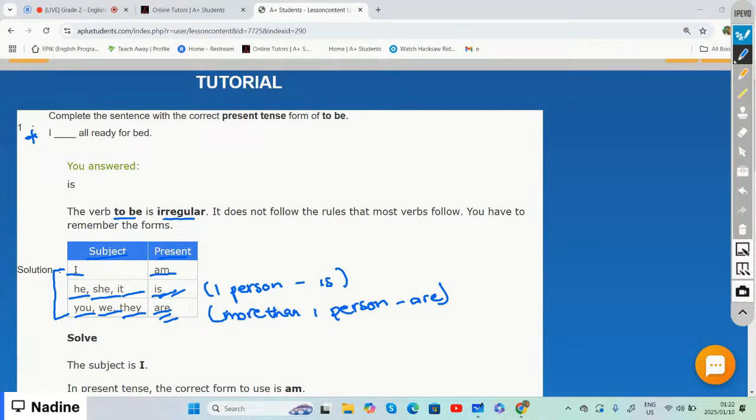So do we say it's I am? Do we say it's I is? Or do we say it's I are? We need to choose one of these words that is going to fit in that sentence. I am already for bed, I is already for bed, or I are already for bed. Which one is correct?